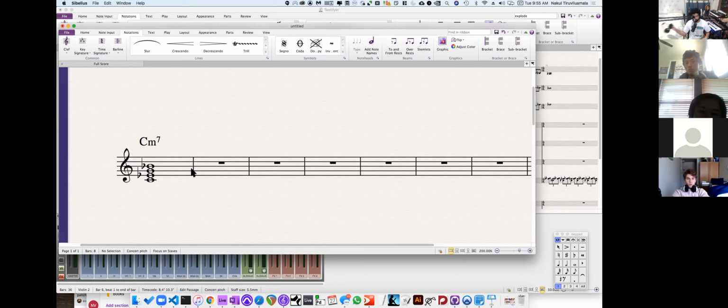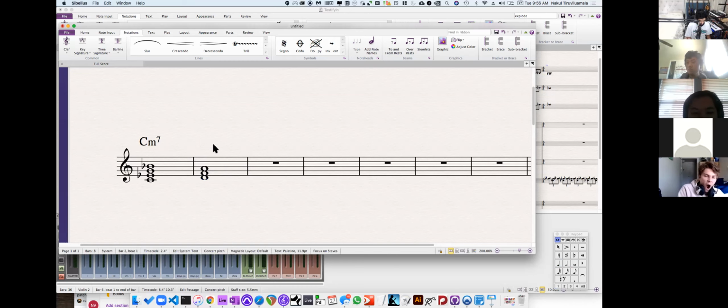One second, let me shut my door. Okay, so what you have basically is this. These are potential extensions that could work nicely.